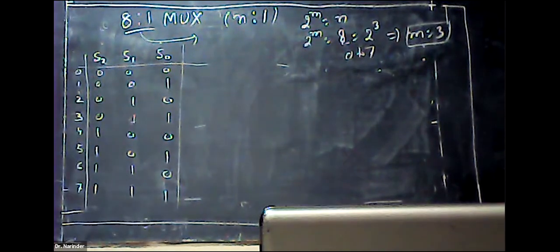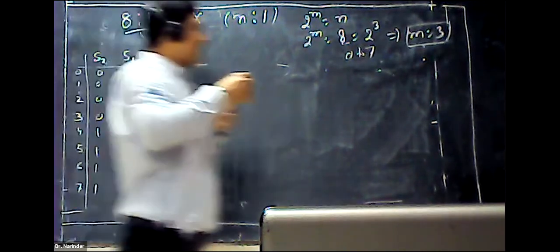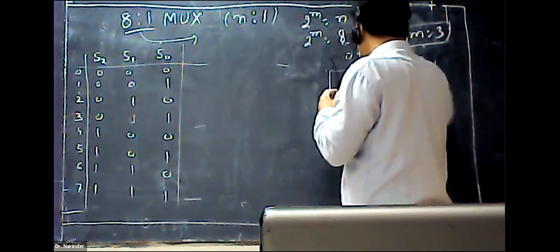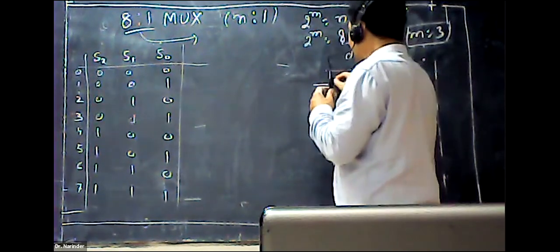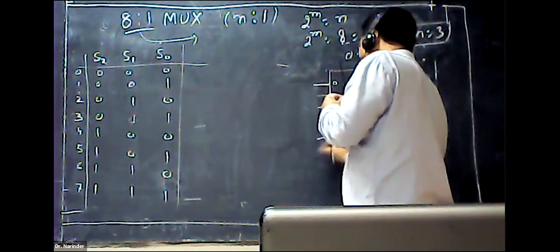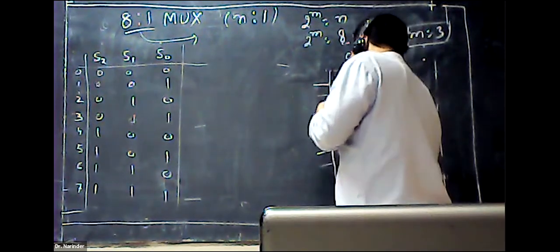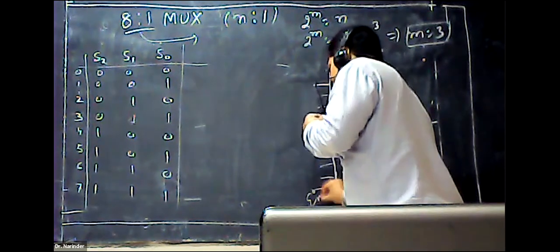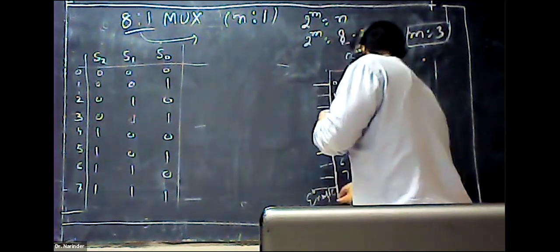Now, this is your block diagram of the multiplexer. Write inputs 0, 1, 2, 3, 4, 5, 6, 7. And there should be an enable input or strobe.